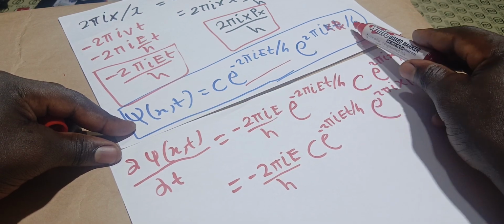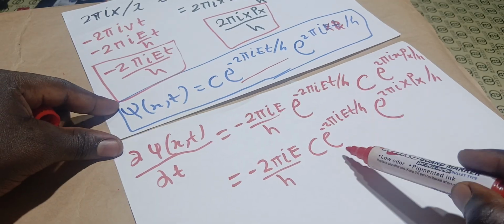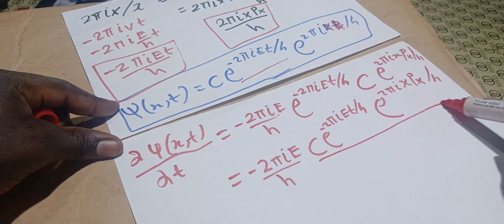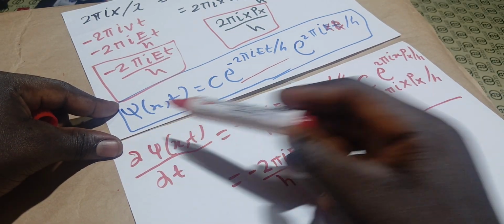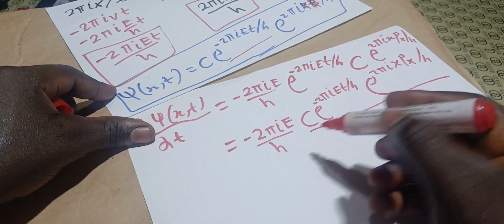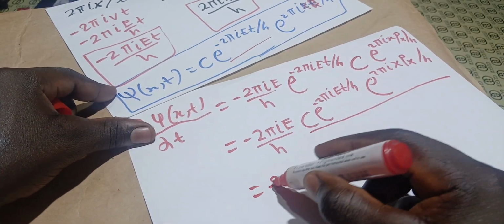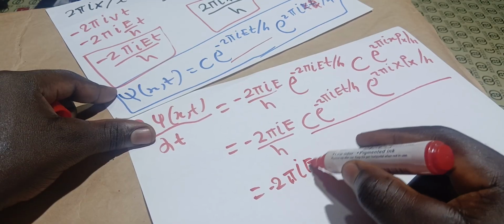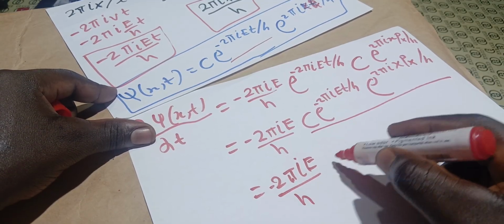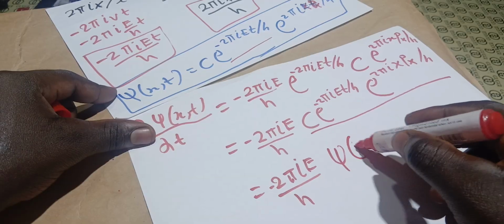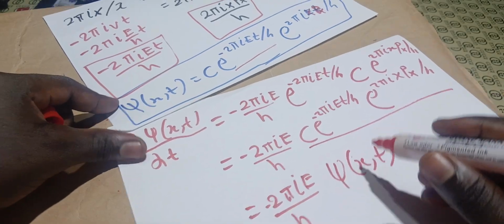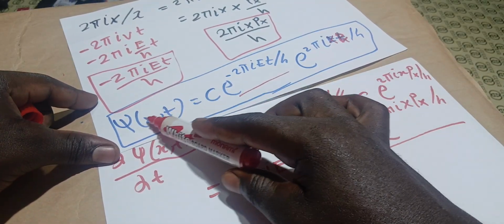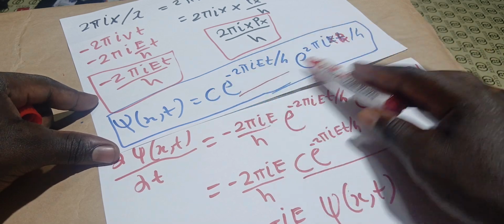We also have it here, which is the same, which means that we can replace the whole of this term here by our wave function. Simply, we are going to write minus 2 pi i E over h psi(x,t), because the whole of this is the same as this here.